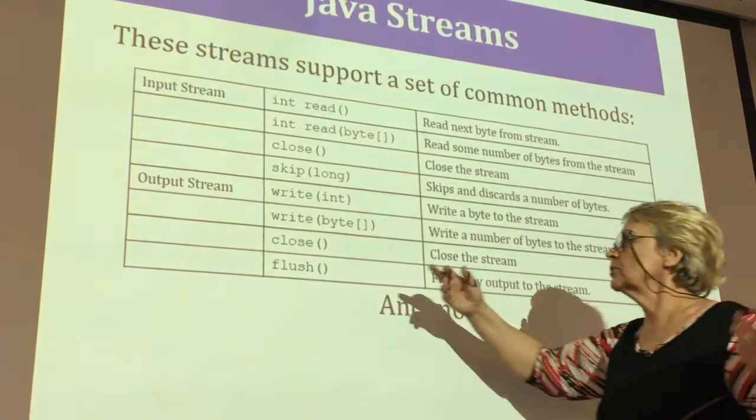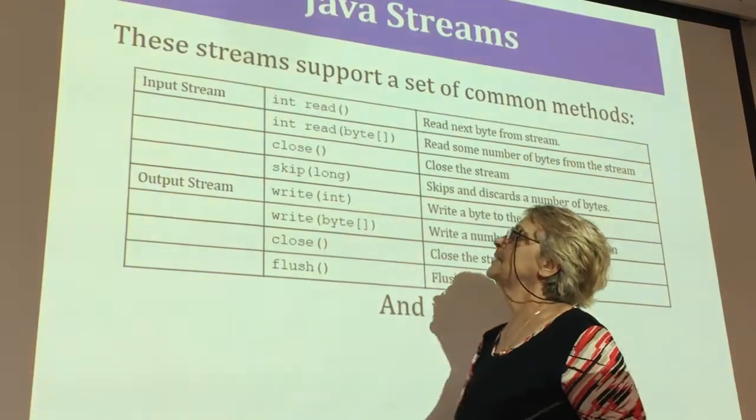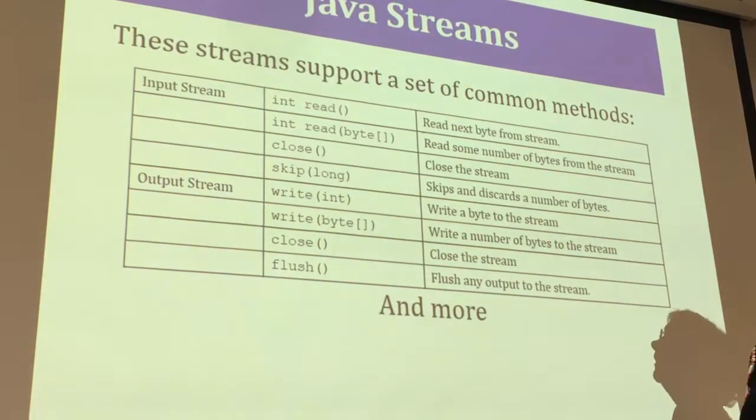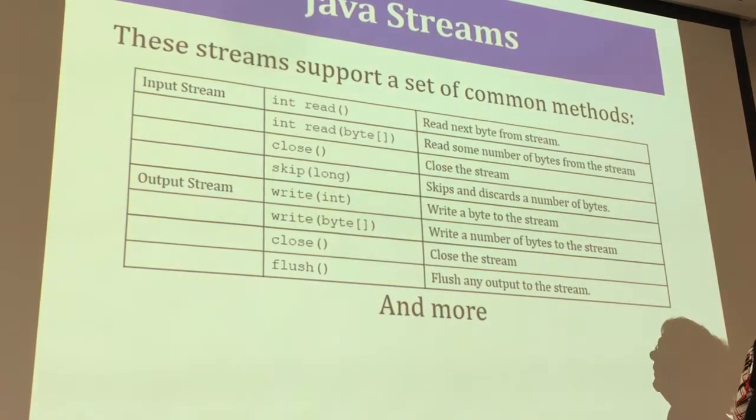And then, of course, close, to say that now the stream can be closed. In other words, if we are working with files, a file can be stored, and we have finished working with this.